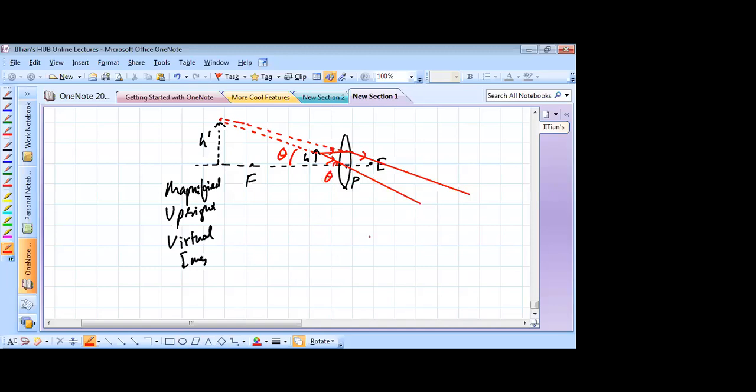That is the angular size. So the angular magnification we have achieved is this theta divided by our earlier theta naught, where theta naught was just h by d.